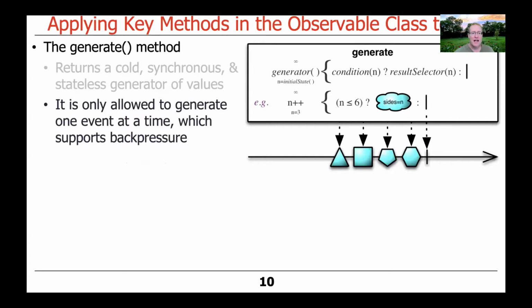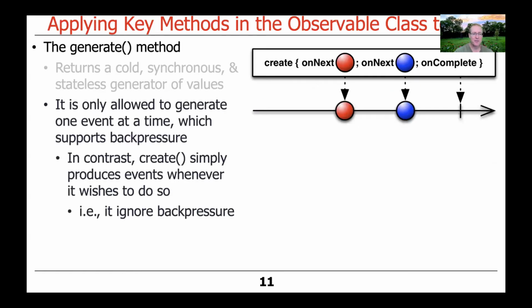So unlike the create method we looked at before, which can be used, as we'll see in a moment, to generate sort of an infinite number of things as quickly as possible, the generate method only generates one event at a time. And that allows support for something called back pressure, which means you can prevent a fast publisher from sending data more rapidly than slower subscribers can process.